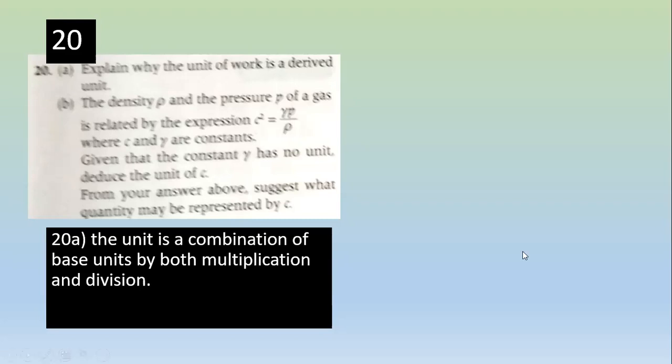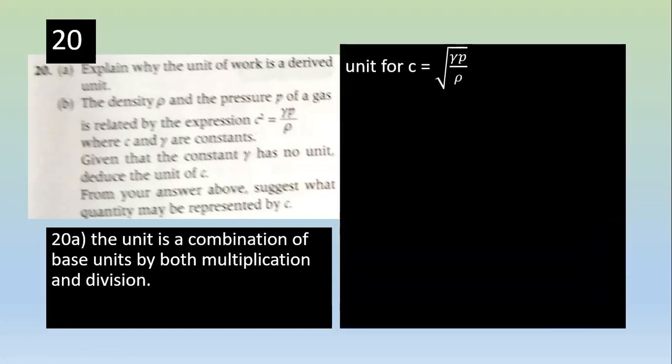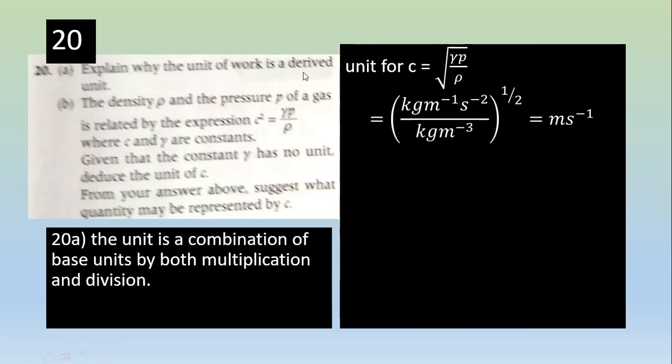Okay, C is usually the speed, but doesn't matter. They don't require you to know that. Work it out. Gamma is just a value, a number, so you can work with units if you want to. Gamma, no unit. Pressure, right? You either memorize it or you derive it.